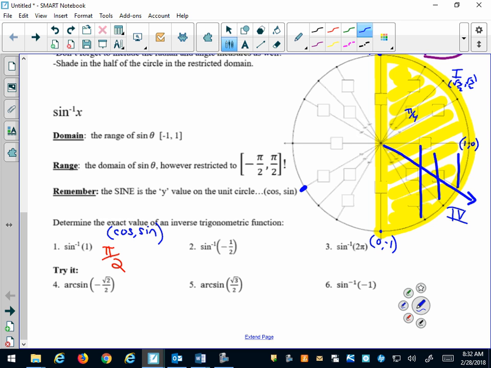You're thinking of it as negative pi over 6. Because we're going to give this pi over 2, and this negative pi over 2. So that makes this negative pi over 6, and this negative pi over 4, and this negative pi over 3.